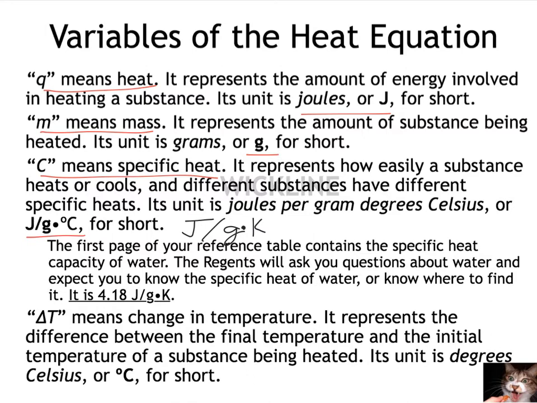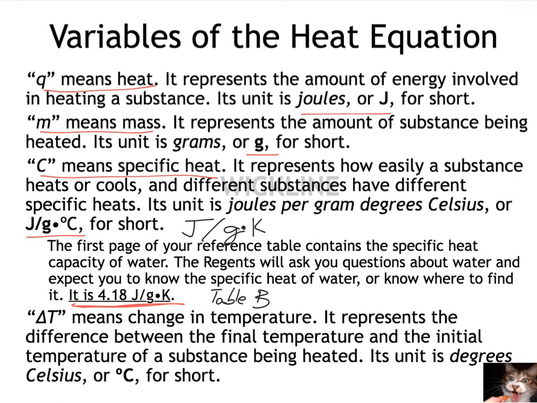Also, specific heat has an actual value, at least for water, that's listed on your reference table. I believe it's on table B, physical constants for water. Let me know if that's not true. But the value for specific heat for water is 4.18 joules per gram Kelvin. I want you to write that down as well, even though it's on your reference table.